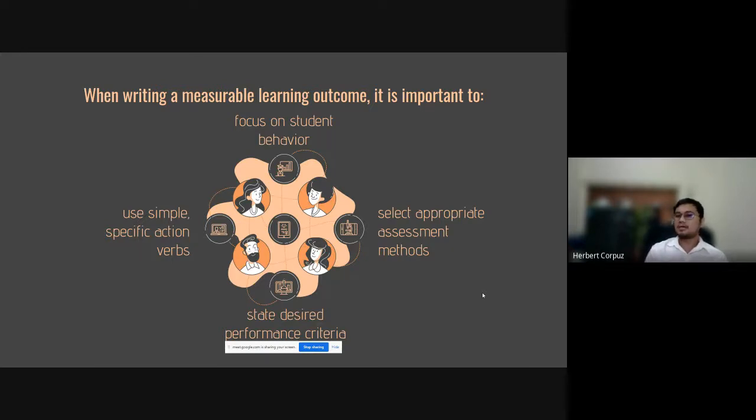Can you still remember these three verbs? Anyone? Can you still remember the three verbs that we should not use when we write learning outcomes? Ano yung mga yon? Know, learn, understand. Good, Mark. Thank you for perfectly remembering those three verbs.